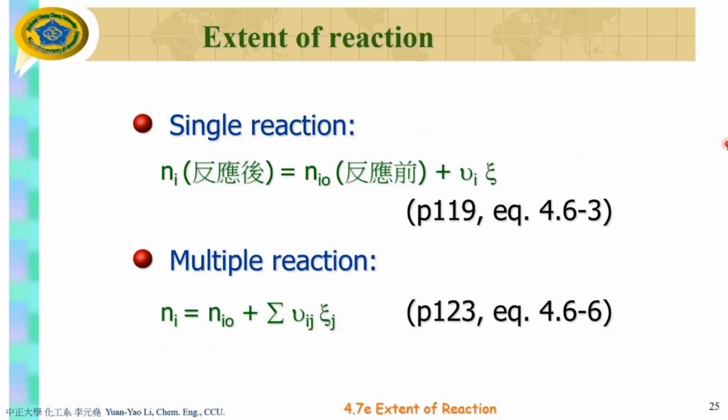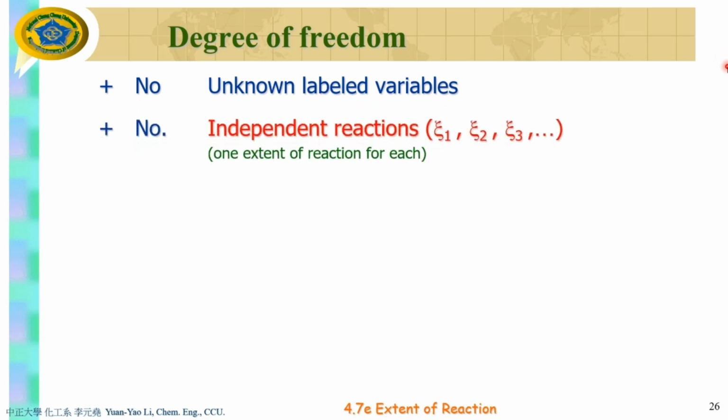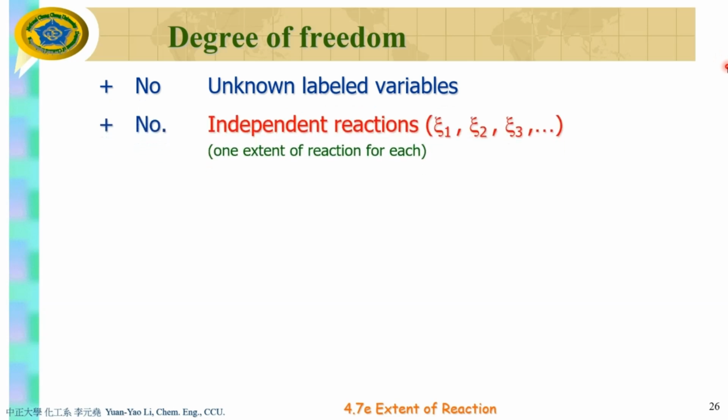Please work with me for another 3 minutes. I will finish this soon. So the extent of reaction approach here covers single reaction and multiple reactions. You all know this already. So what happened to the degree of freedom analysis? There are 5 terms. First one, unknowns, again. The second one, independent reactions. Again, you want to know X1, X2, X3, something like this.